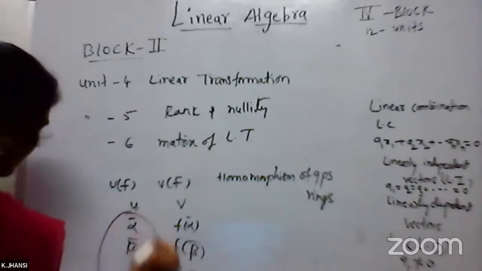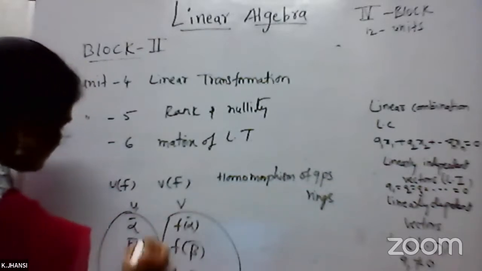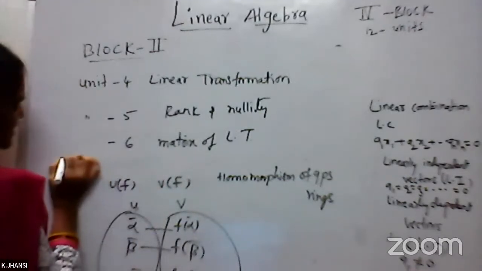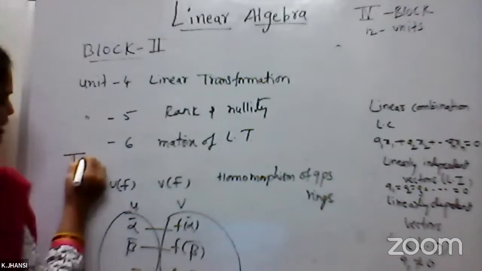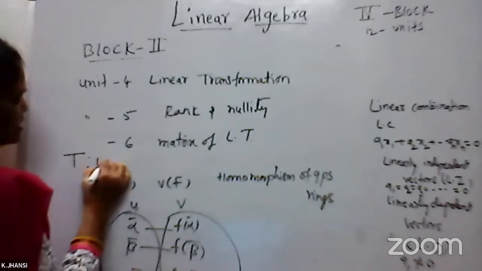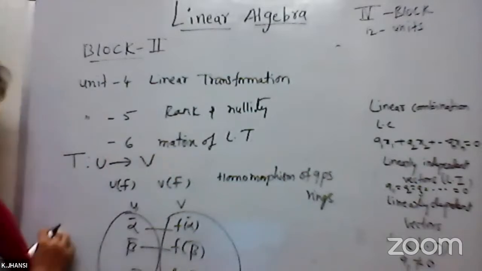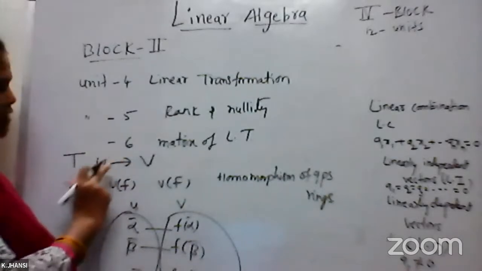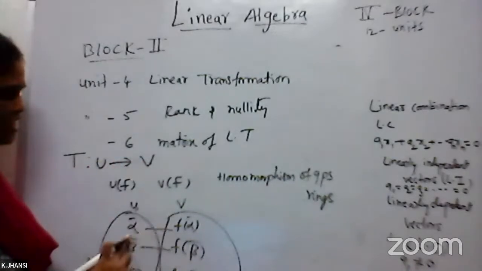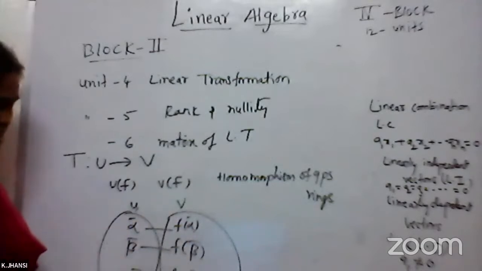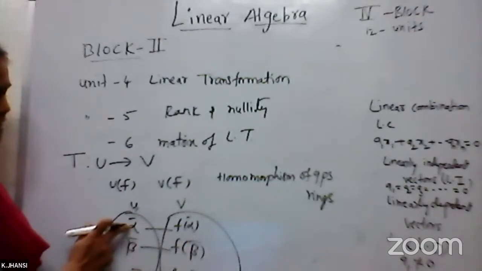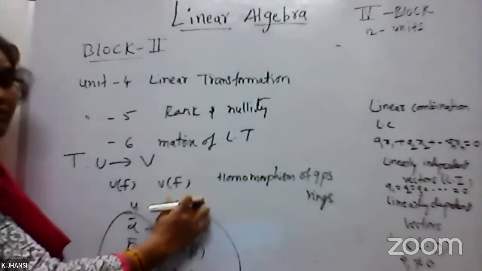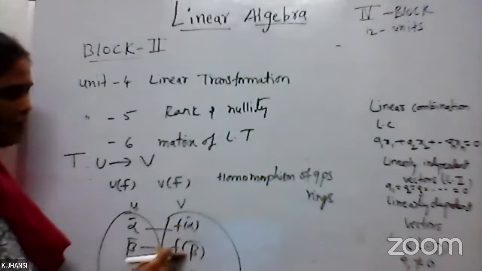If we take the mapping like this, here we represent the linear transformation with capital T. Capital T is any function which maps from U to V, such that it satisfies the condition. This is the domain, in which you have the elements alpha bar, beta bar, and alpha bar plus beta bar. When it maps to V, you will get f of alpha bar and f of beta bar.